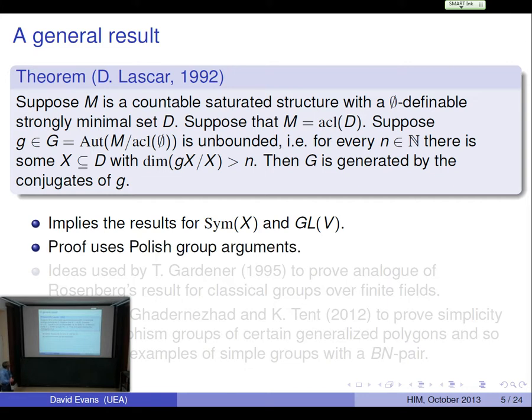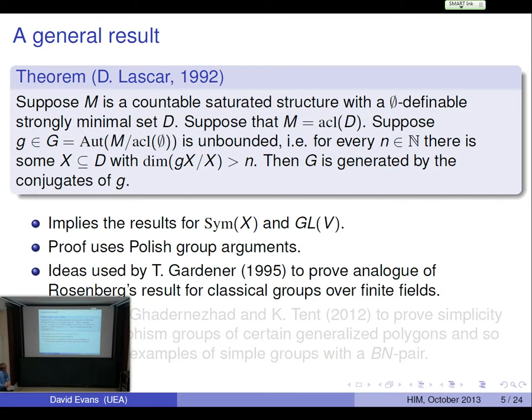One very nice aspect of it is that it makes good use of the topology on the automorphism group and uses Polish group arguments. It has been used to prove new group theoretic results.